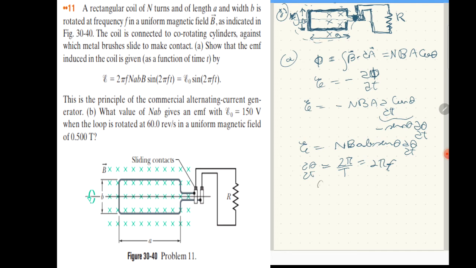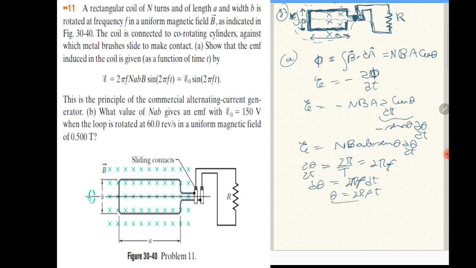With that expression, you can get an expression for the angle theta, because theta equals the integral of 2 pi times the frequency dt, and you do a simple integration.